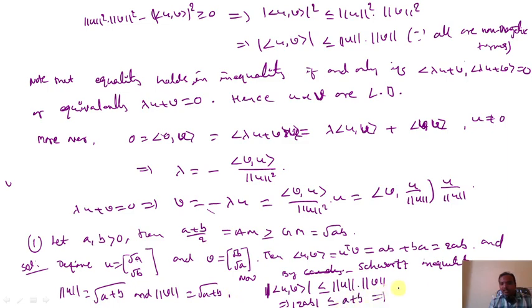That implies (a+b)/2 is greater than or equal to √(ab). That means arithmetic mean is greater than or equal to geometric mean.